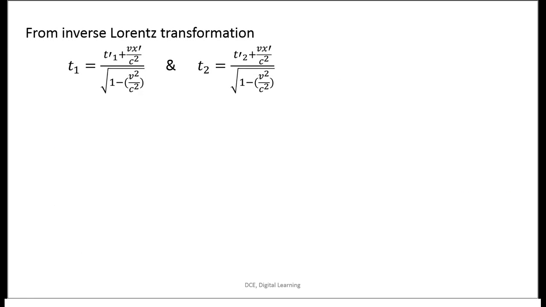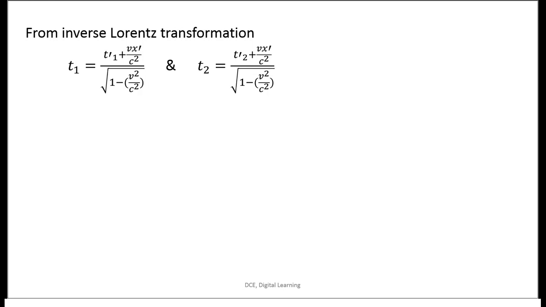Let us derive this time dilation equation. From the Lorentz transformation equation, we can write T1, that is the time recorded by the observer in S frame.